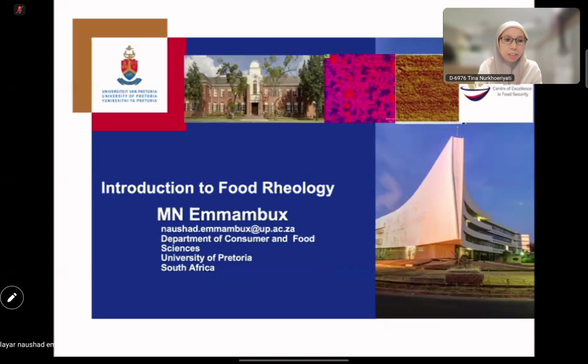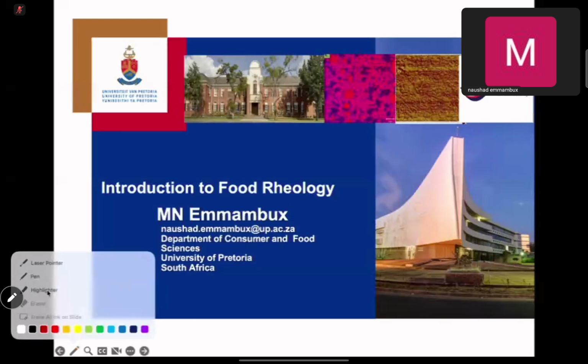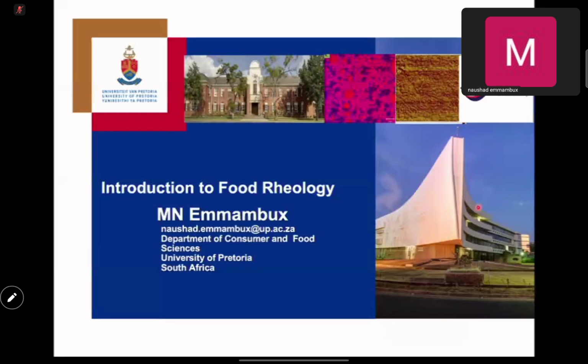Okay. So, like Dr. Tina said, I am from the University of Pretoria. And the University of Pretoria is situated in South Africa, in Pretoria. Pretoria is the capital city of South Africa. And what you see here, there is a pointer, is the administration building of the university.